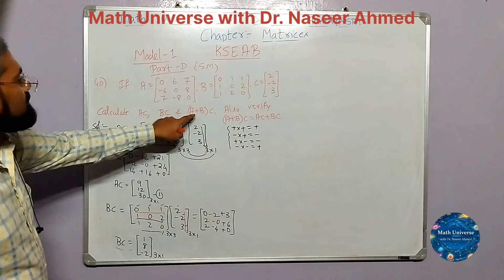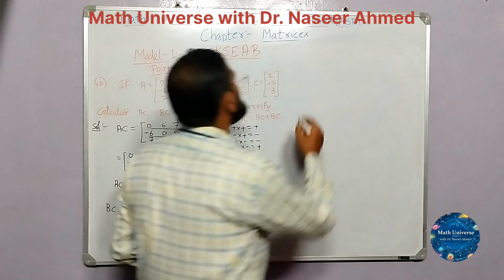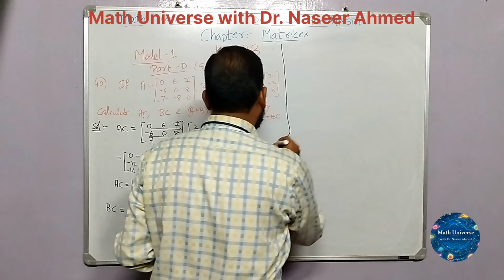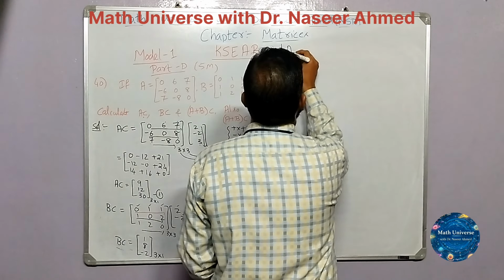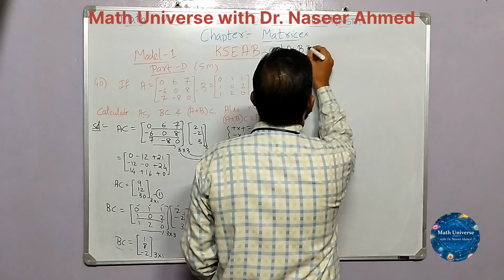Okay, now let us move on to A plus B into C. First I have to find what is A plus B, then we can go ahead for the remaining. Now we are going to relearn how to add two matrices.